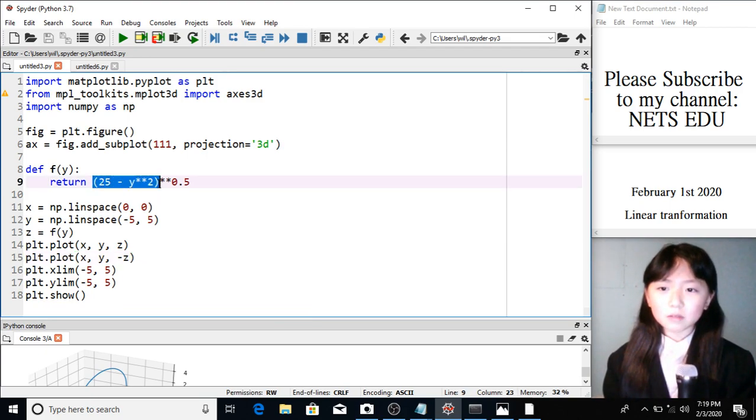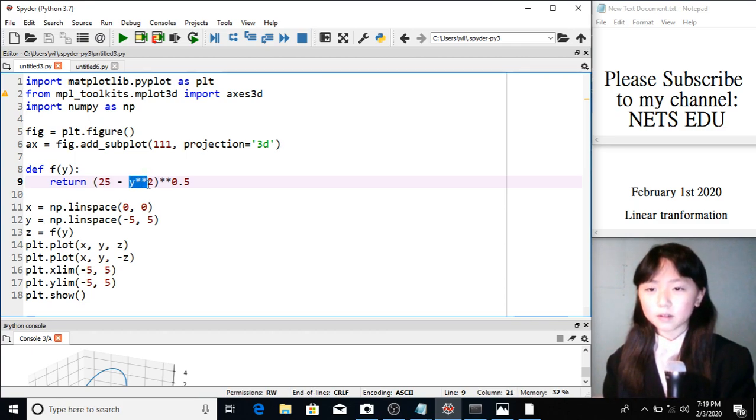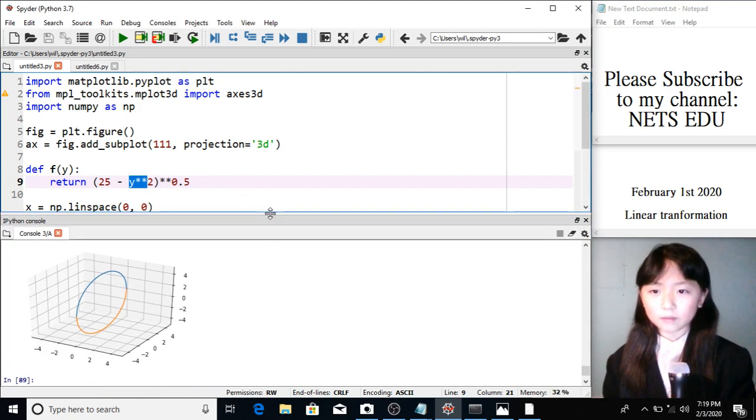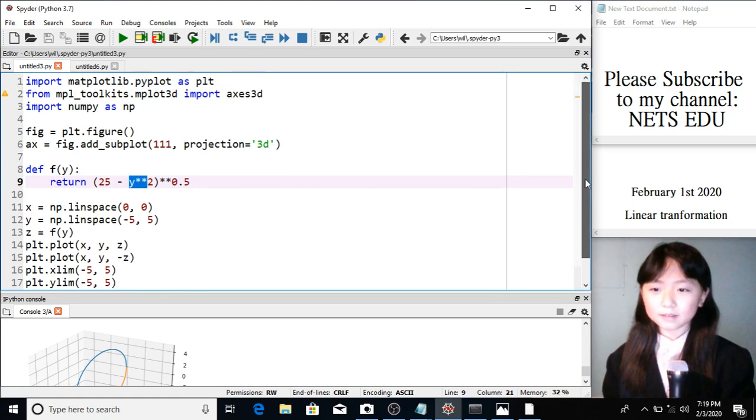The general function for a circle is plus minus the square root of radius squared minus x squared. And in my case, I have the x into the y. Now I graph it, and this is what I get.